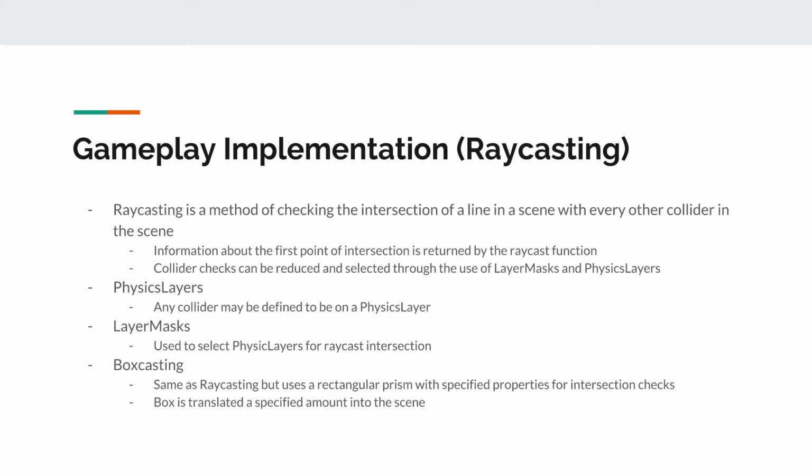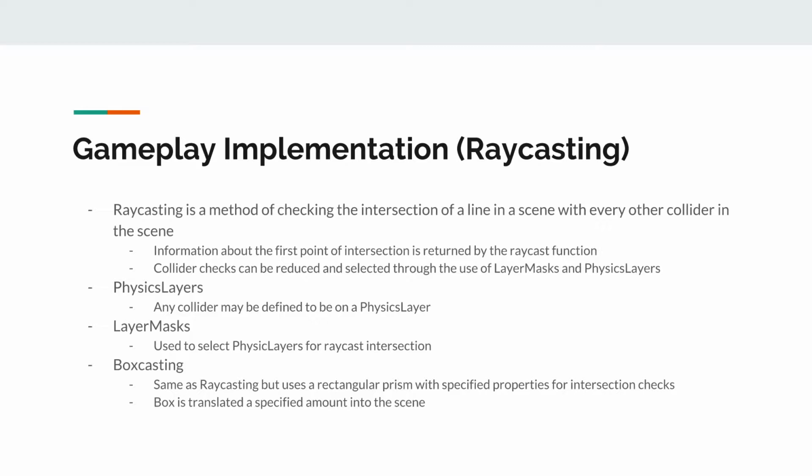Throughout the entire game, raycasting is used for detecting intersection checks. Raycasting is a method of checking the intersection of a line in a scene with every other collider in the scene. Information about the first point of intersection is returned by the raycast function, including information about the object that was hit by this raycast.